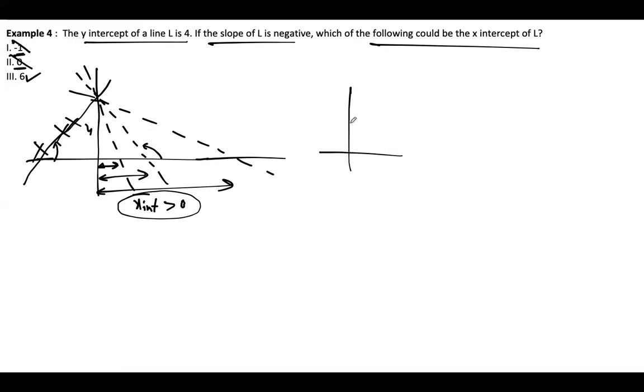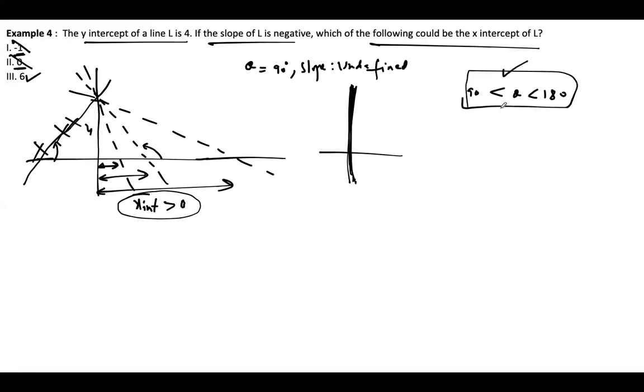An x-intercept of 0 would mean a vertical line like this, then the slope would be undefined. So when theta is equal to 90 degrees, slope is undefined, not negative. When there is a negative slope, the angle should be greater than 90 and lesser than 180.